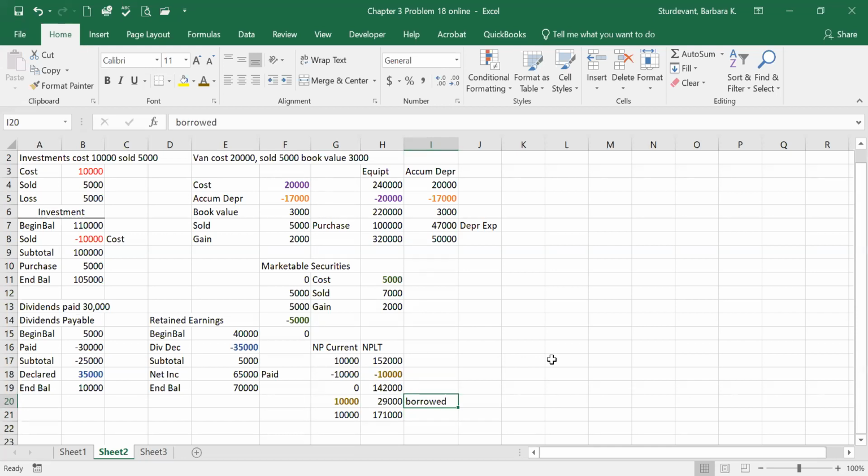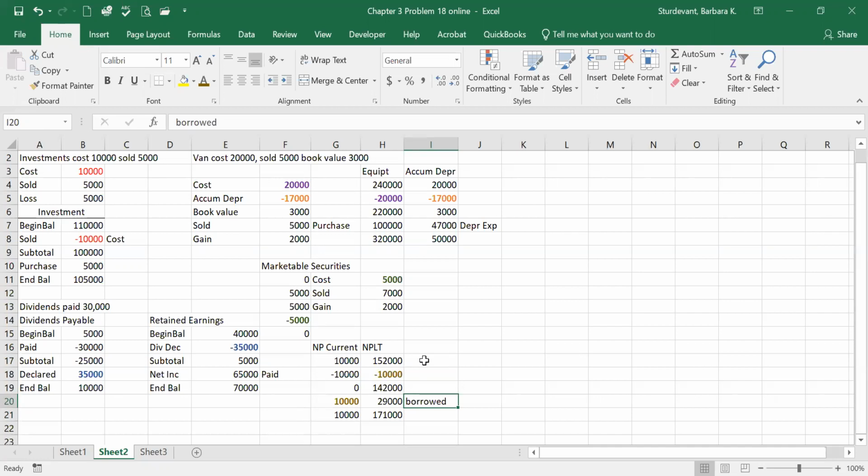Can you repeat the last part about the beginning balance of the current? Sure. So with your notes or a mortgage, depending on the problem, you're going to have a current portion and a long-term portion. And they're either going to tell you that all current liabilities are paid in a timely manner, or, as this one also adds, that the current portion of notes payable was reclassified from the non-current.